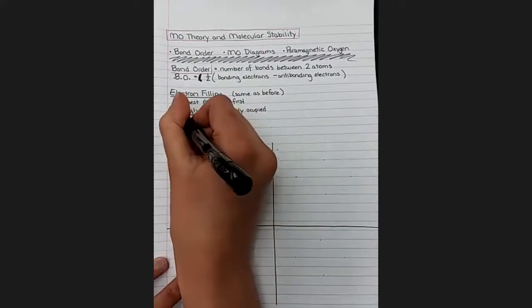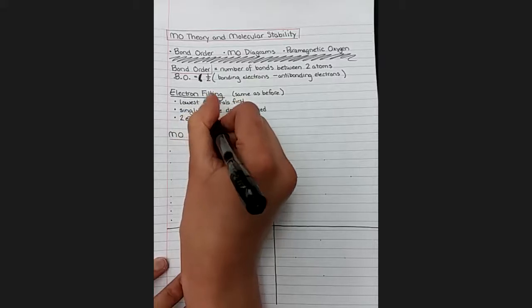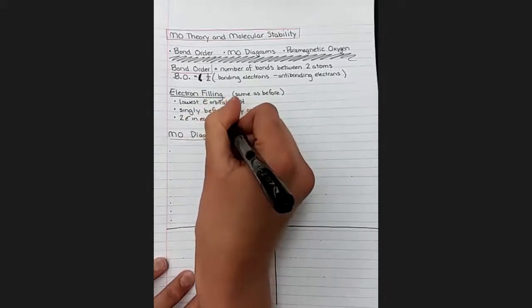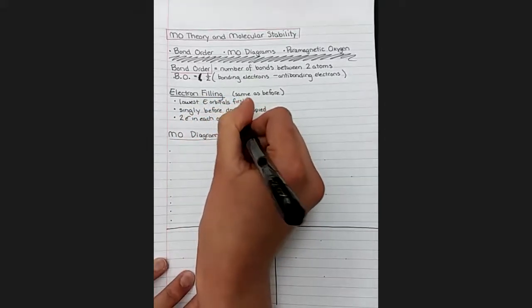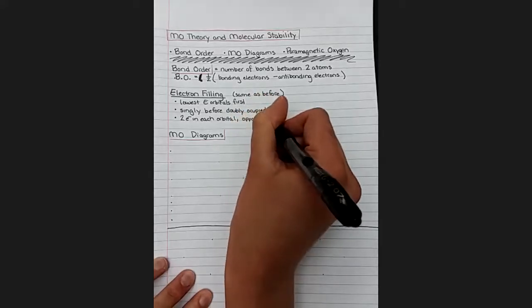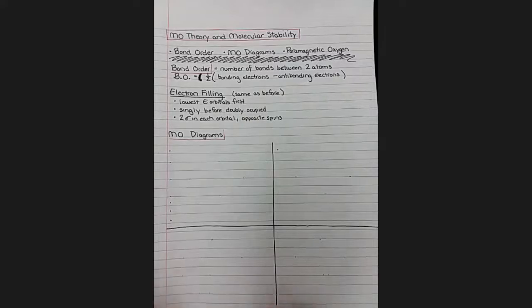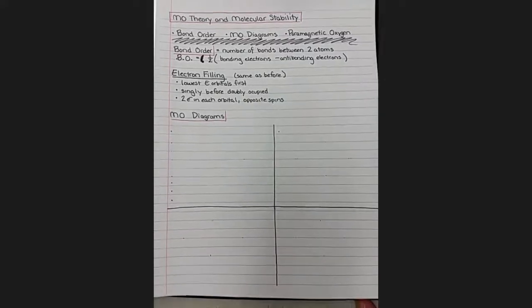And each orbital has 2 electrons maximum that it can hold with opposite spins. So no surprises here, everything totally within our wheelhouse.